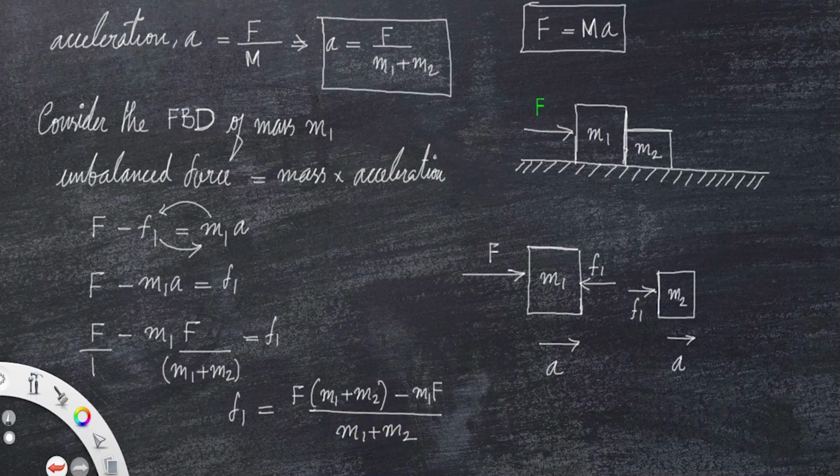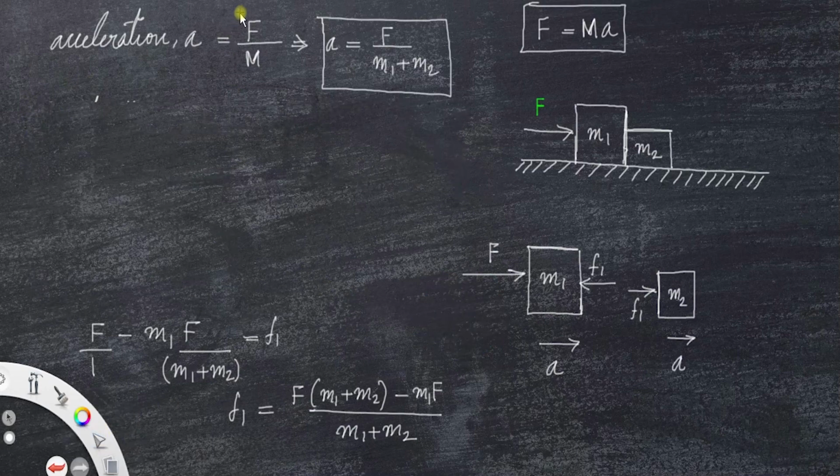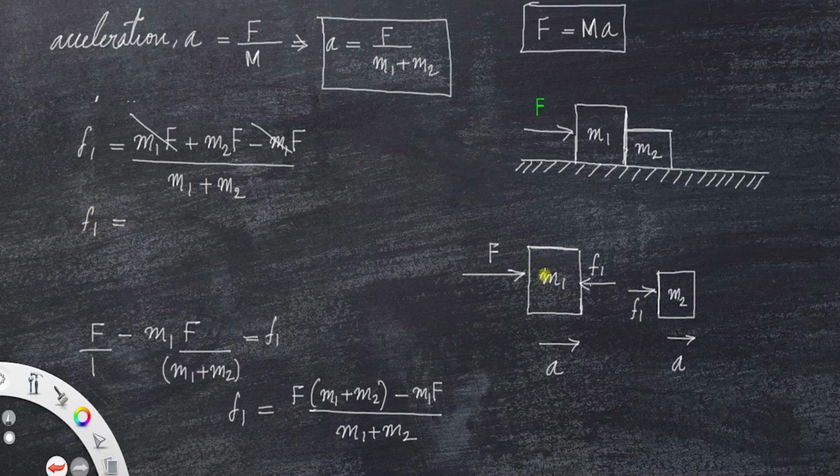Clear? So simplifying, you will get F1 is equal to m1F plus m2F minus m1F, whole divided by m1 plus m2. Clearly, you can cancel this m1F. So the force acting between these two masses is equal to m2F divided by m1 plus m2.